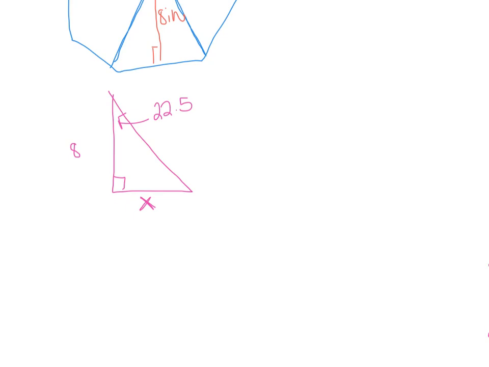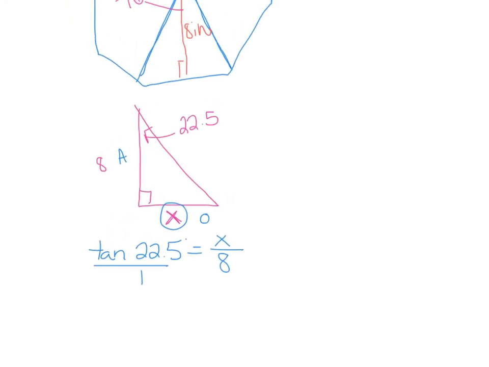With respect to this angle, x would be the opposite side, 8 would be the adjacent side, so I'm going to use tangent. So the tangent of 22.5 is equal to opposite x over 8, which is the adjacent. We're going to put that over 1 because we're going to cross multiply.